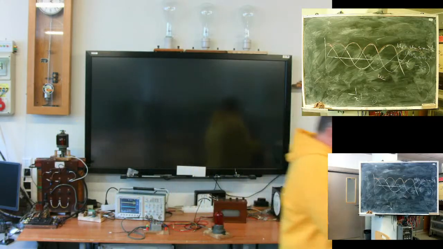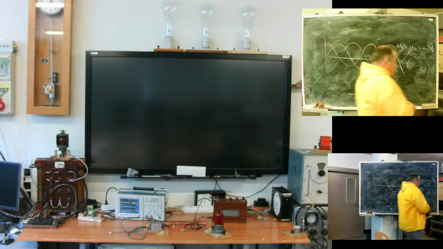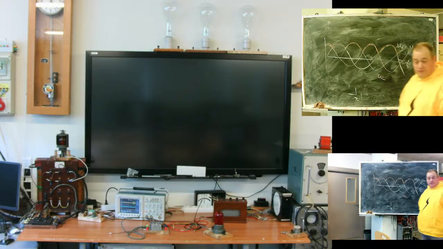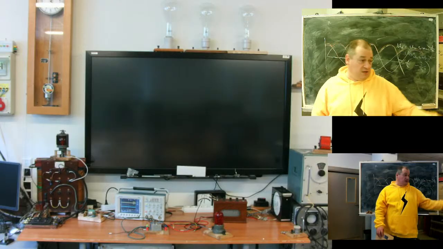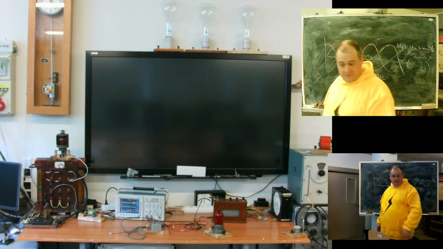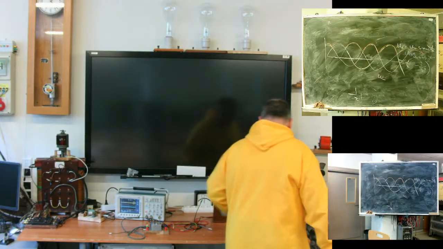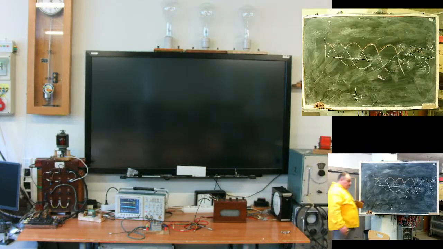Fifth harmonic has opposite phase sequence. 7 also goes forward. 9 is a zero sequence, but zero sequence cannot flow in delta. And 11 again. So you always deal with phase shift, and phase shift is different. It depends on frequency.